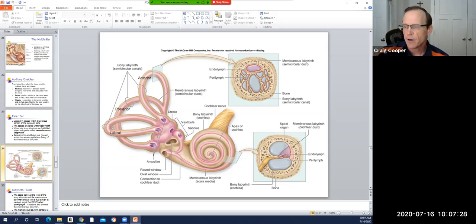When we look at the posterior, I believe the posterior is the one that is more about frontal plane motion. So if I'm doing a cartwheel and I'm spinning that way, that's going to pick up that type of motion. And then the lateral canal is more in the transverse plane. So if I'm spinning around like that, that's going to be more of that particular one.